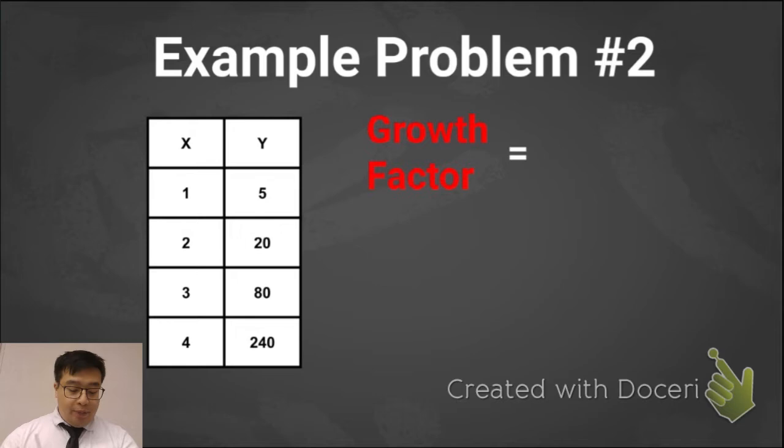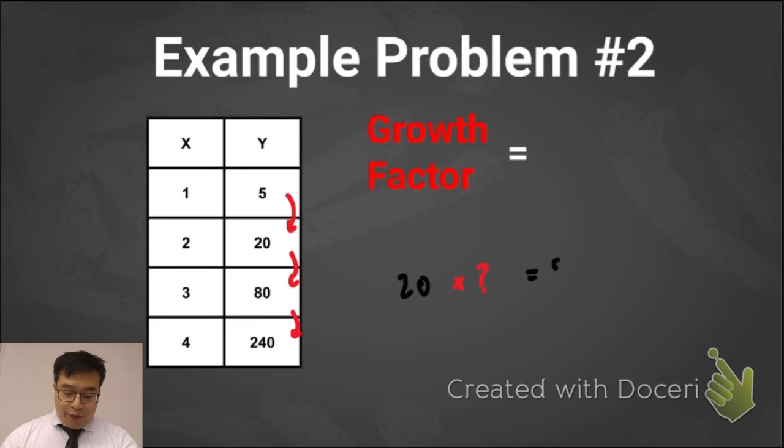Okay, so here I'm going from 5 to 20 to 80 to 240. I don't always have to look at just the first two numbers. I can pick any two consecutive numbers and use those to figure out the growth factor. So for this example, let's think about 20 times what growth factor, what number, is going to bring me up to 80.